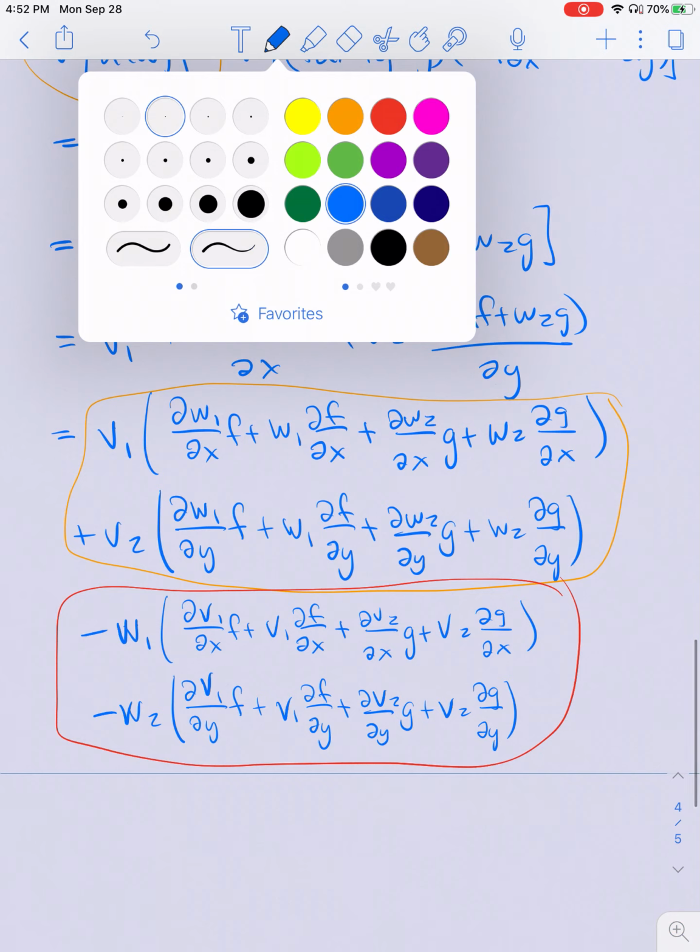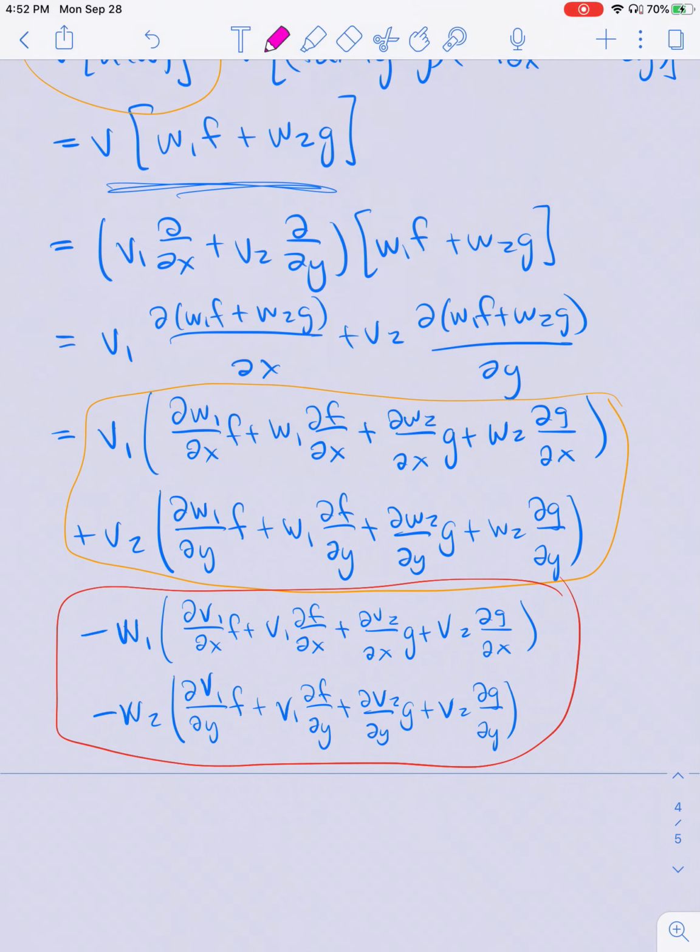So what I end up getting, let's cross off any terms that I see twice. So any of the terms involving derivatives of w and v are not going to cancel out. But I can start looking for terms involving just derivatives of f and g. So here I see v1 w1 df/dx, and I see a negative v1 w1 df/dx below.